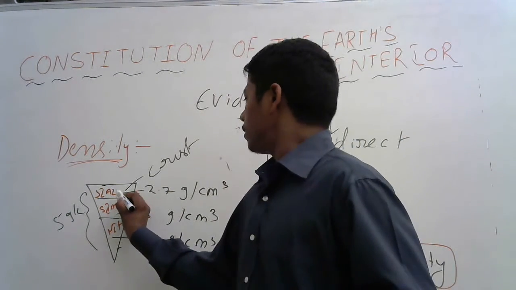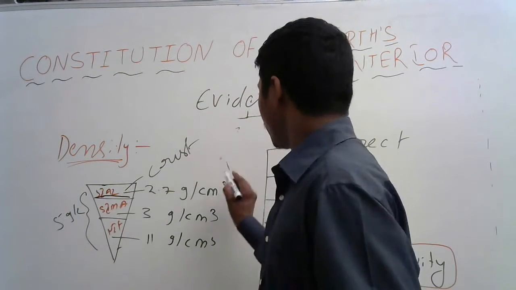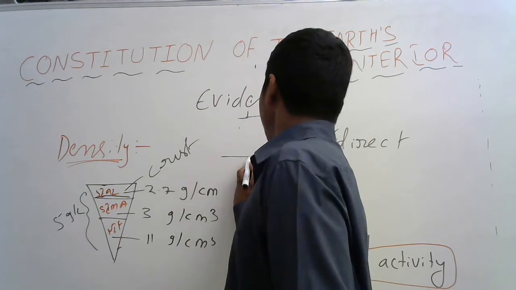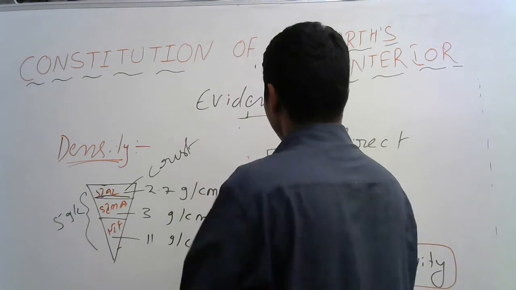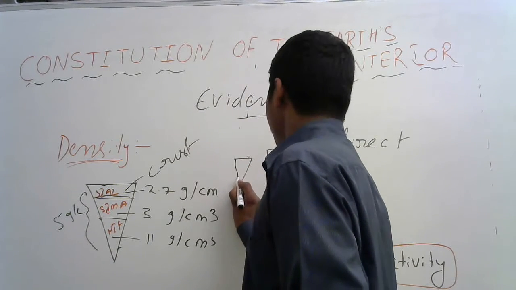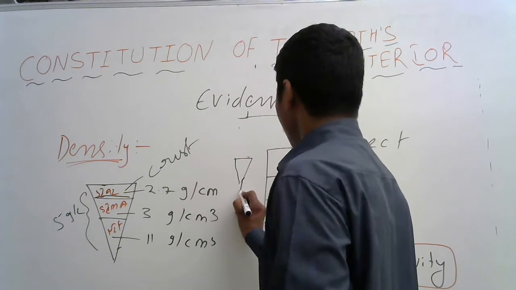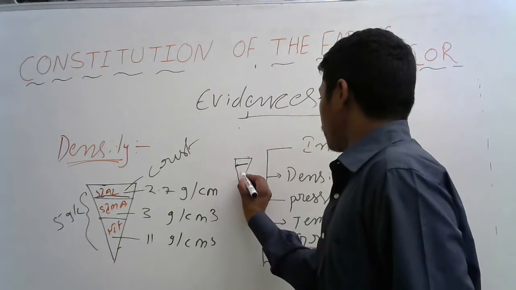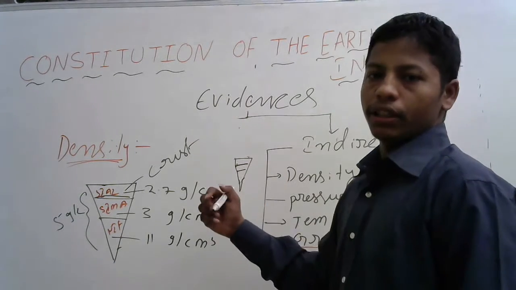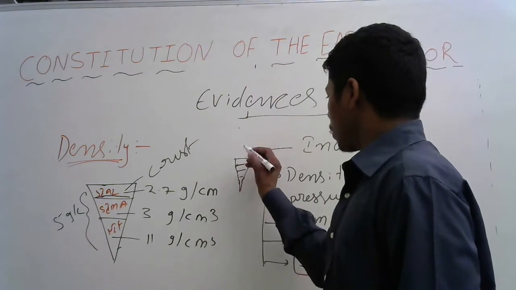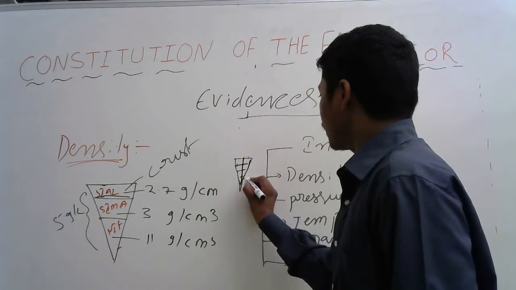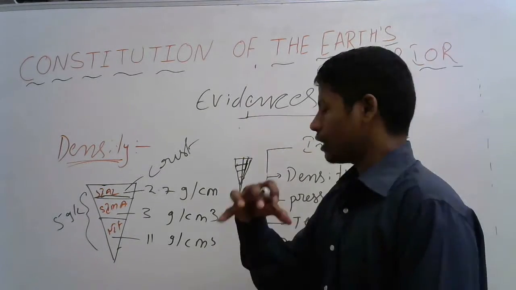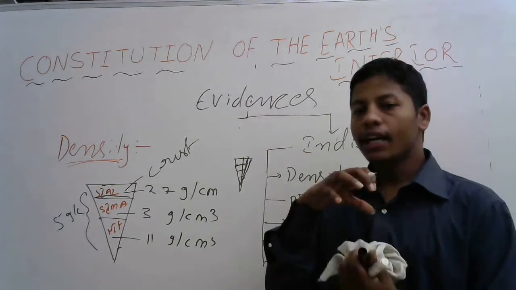This load increases with depth. Suppose the crust contains some weight. This weight plus the mantle weight makes double the weight, and the complete load of the material compresses the material and also increases the density.